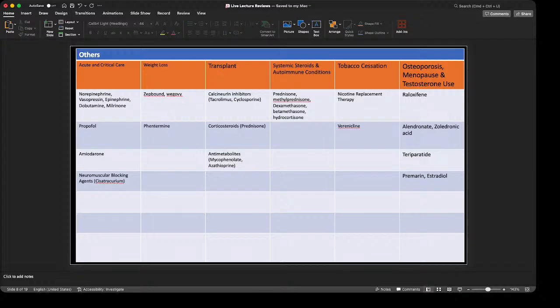Calcineurin inhibitors like tacrolimus and cyclosporine, those transplant medications, are important too to prevent rejection. And then the corticosteroids for the inflammation part of it.